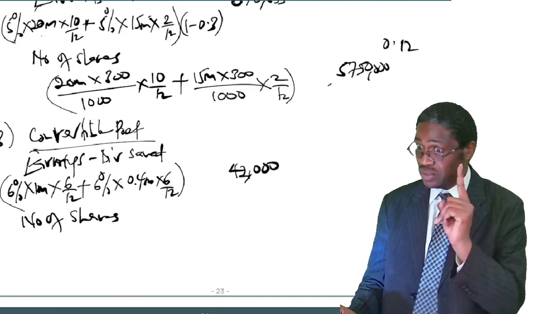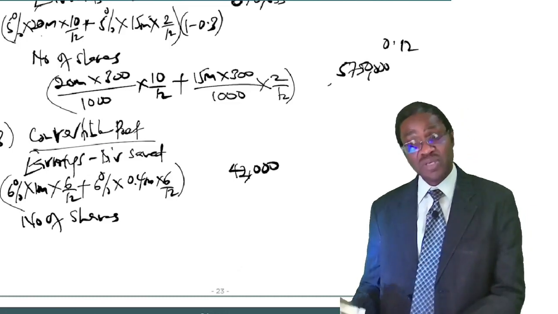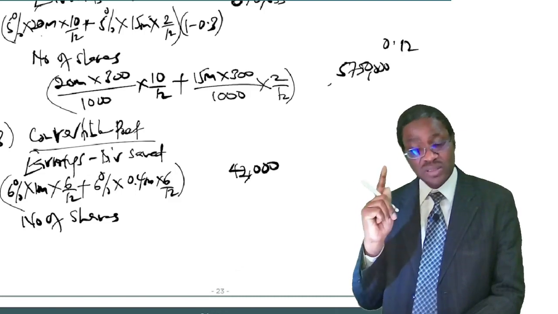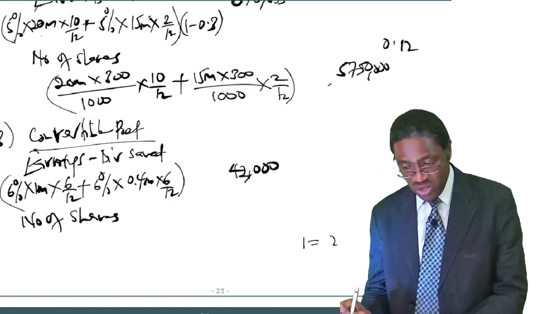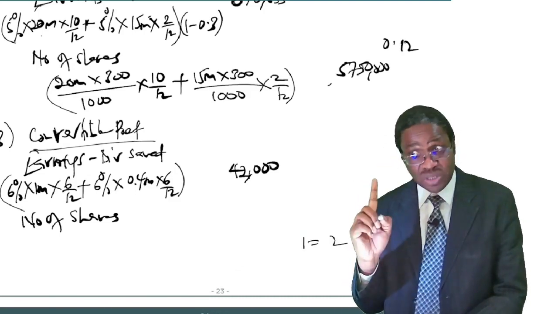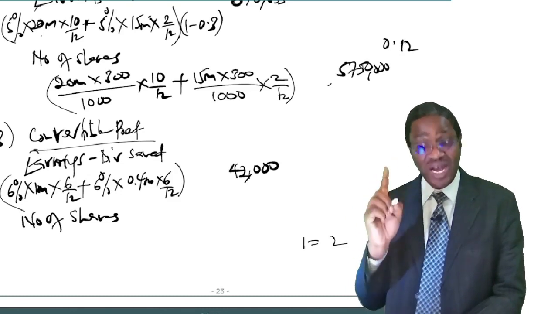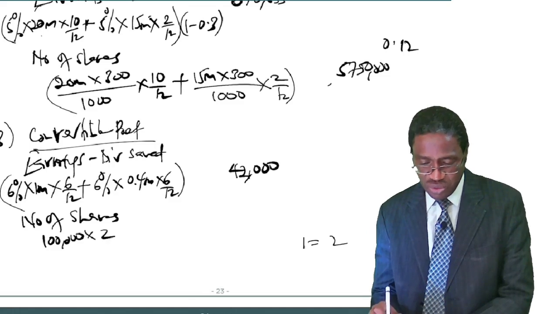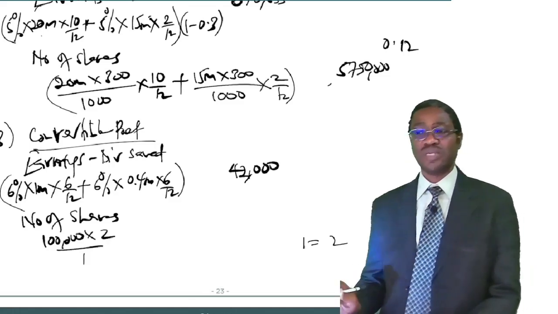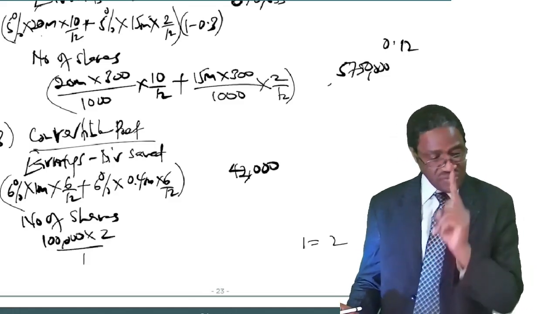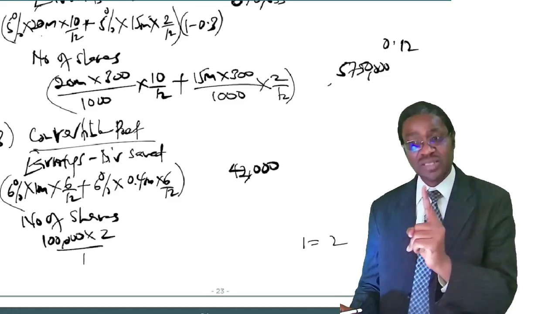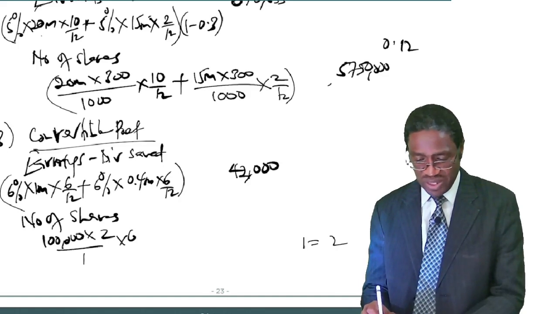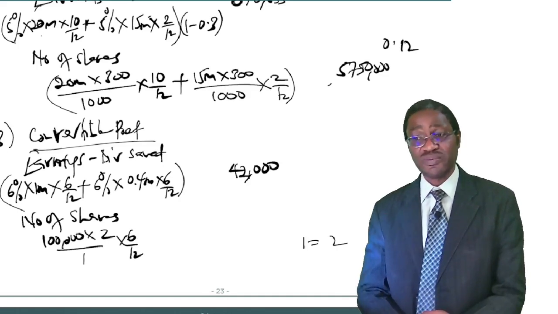I hope you are listening. Then for every one preference you get 2 ordinary. What about for the 100,000? So it will be 100,000 times 2 divided by 1. But that 100,000 remained only potential for 6 months. So you multiply this by 6 over 12.